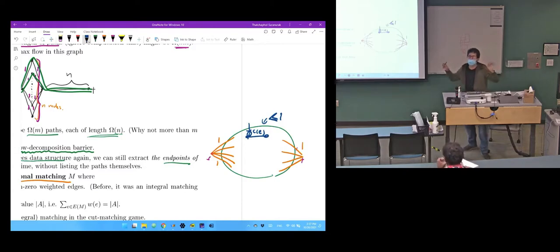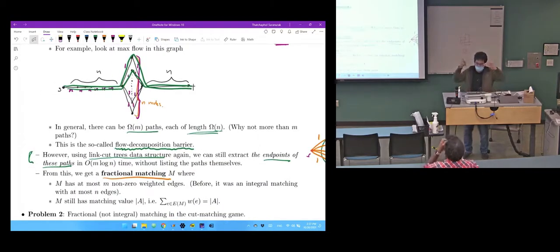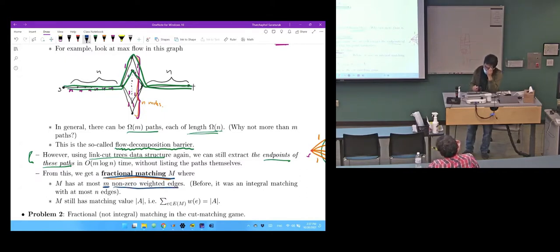So the flow is not integral anymore. But once you extract all the endpoints of the paths, you will get a fractional meshing.